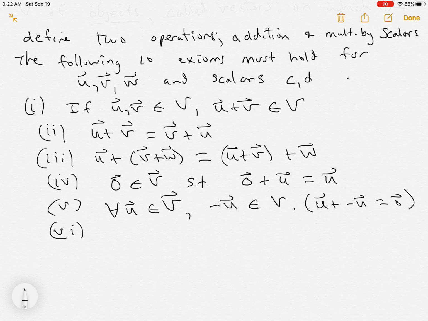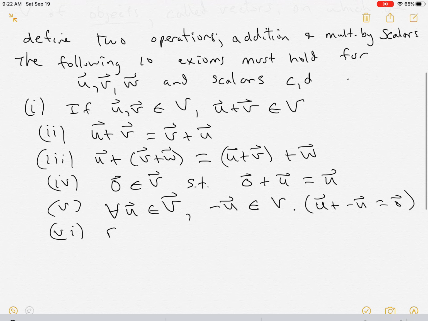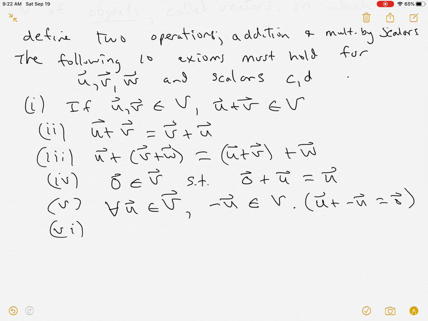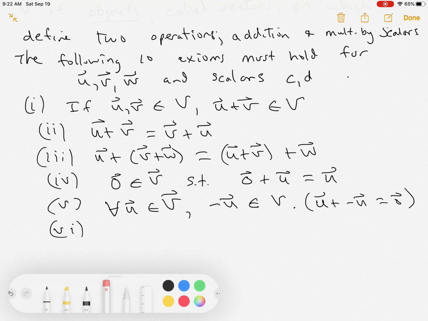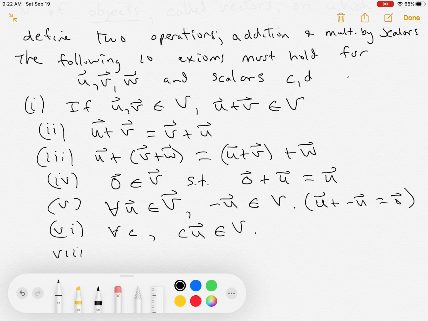6. For every scalar c, cu must be in V. So we have closure under scalar multiplication. 7.